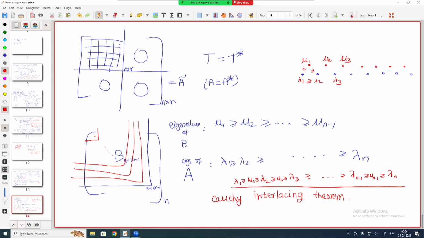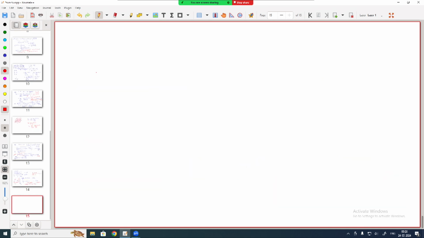For example, if the ambient matrix has size 4, then I delete one row and column, get mu 1, mu 2, mu 3 which lie between the lambdas. Then I go one more step, I get numbers which lie between the previous ones, and then one more which lies between these. So this gives you a successive interlacing pattern. This is sometimes called a Gelfand-Zetlin pattern.